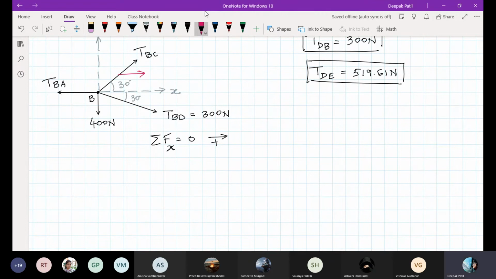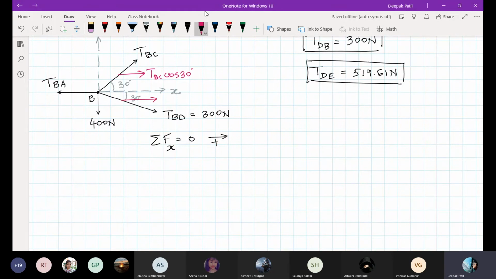And its value will be, can anybody tell me what will be the value of this? TBC cos 30. Yes, it is TBC cos 30. We also have one more inclined force, so I need to mark the component of that also.